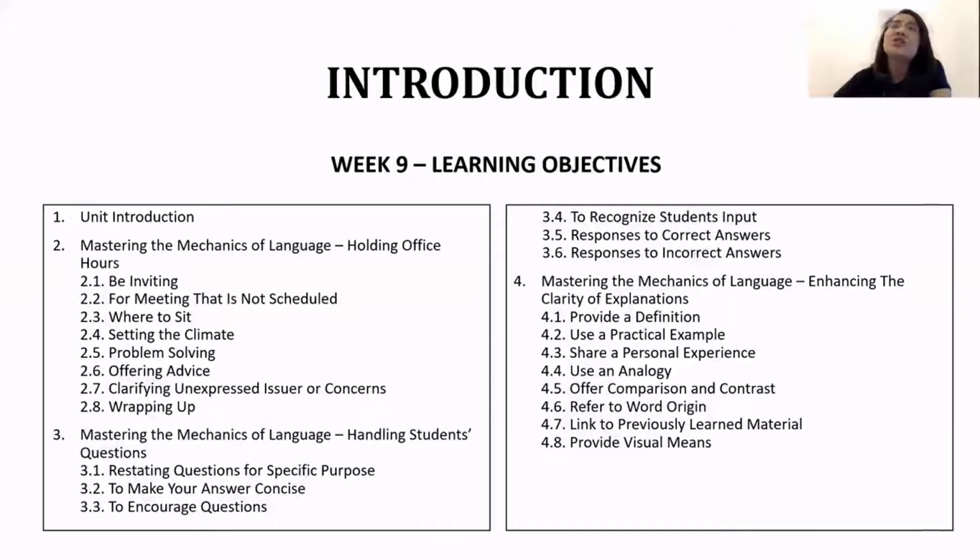The explanation is not only about the material of the lecture, but it is also about the explanation of terminology, about instructions, so many things, right? So we need to give a lot of explanations during our teaching in a classroom, right? And there are 8 subsections, starting from providing a definition up to providing visual means.